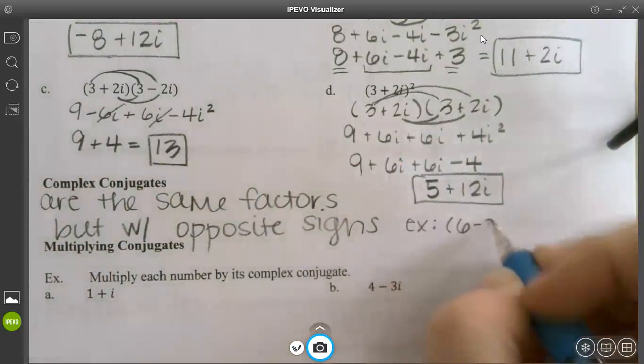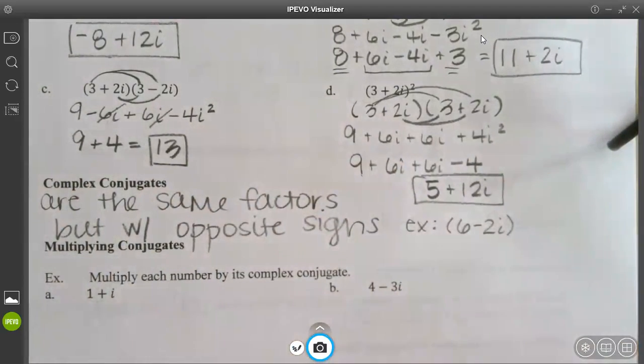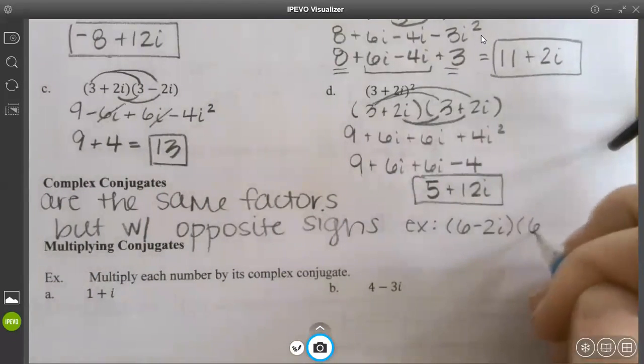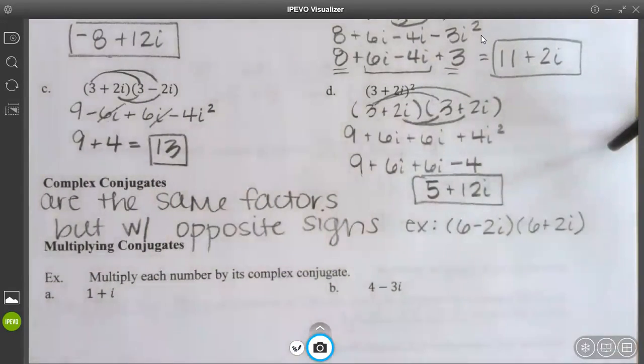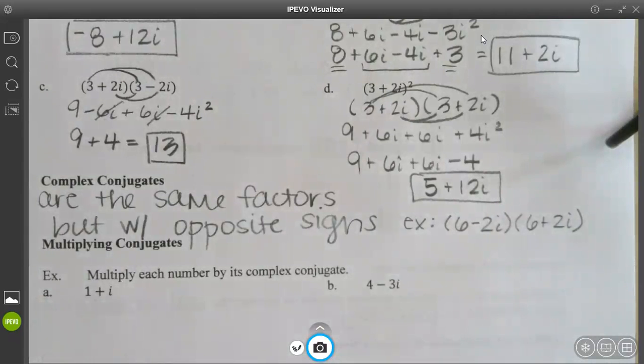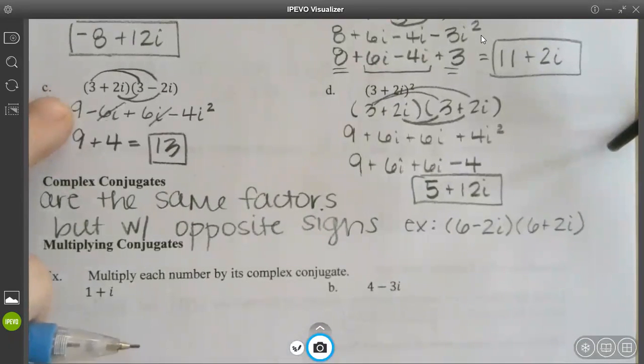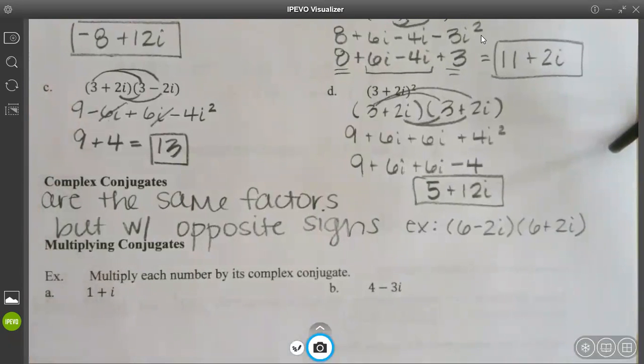If we have 6 minus 2i, the conjugate is 6 plus 2i. So it's just like letter C up here. We're not doing anything different. We're just learning what it's called.